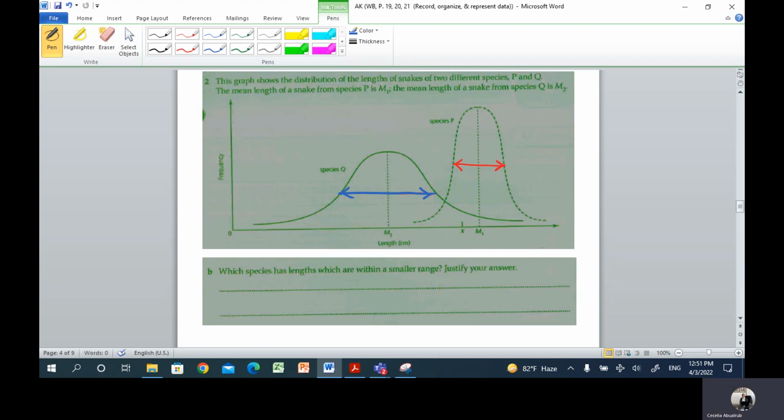So that tells us that species P has a smaller range.